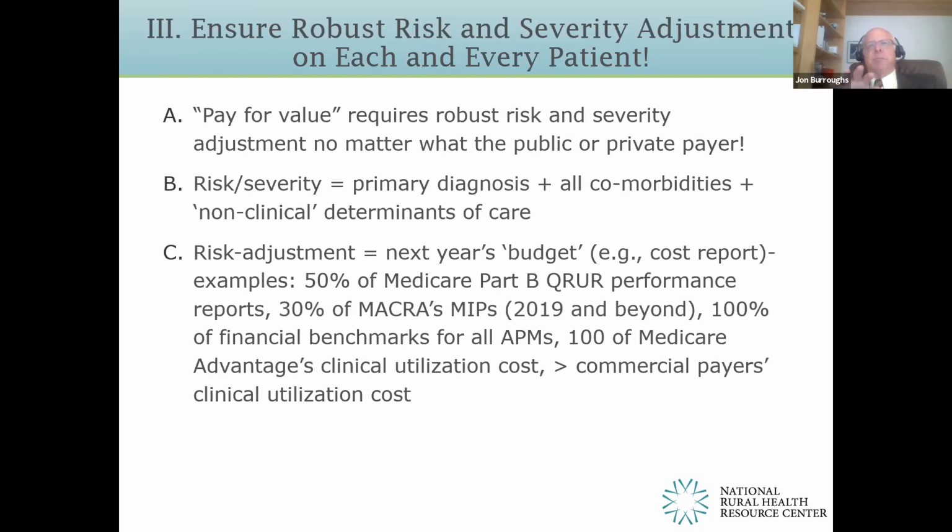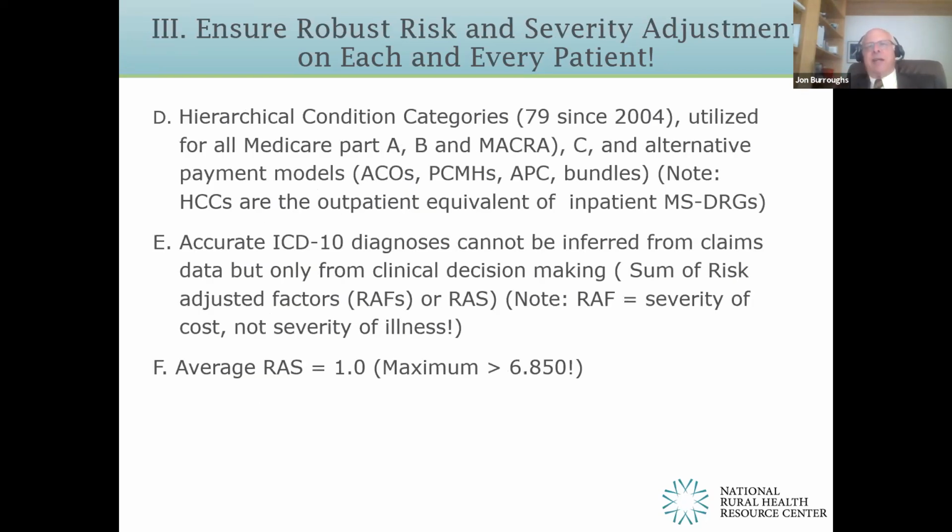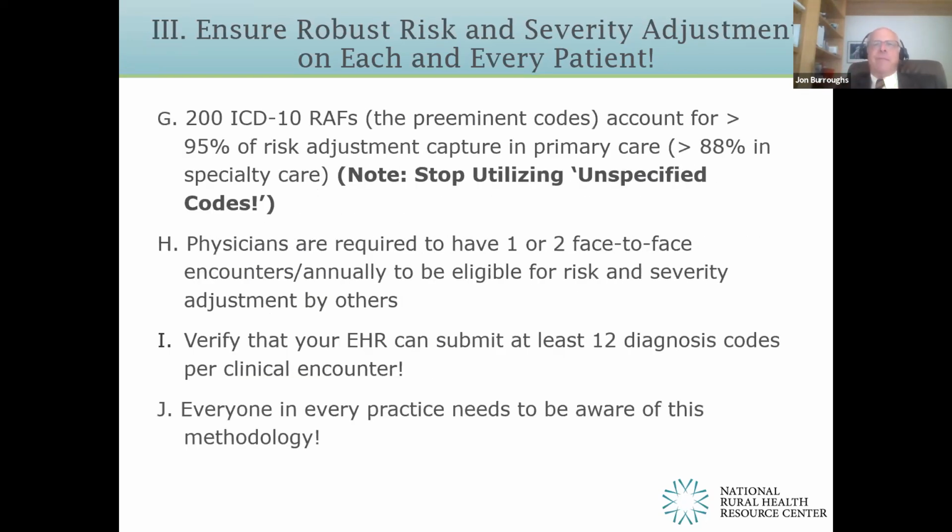Stop using unspecified codes. Nobody should come in just as a diabetic or just as a hypertensive. You're diabetic with neuropathy, you're diabetic insulin dependent, you're diabetic with kidney disease, you're diabetic with borderline liver function, et cetera, et cetera. Unspecified codes get paid 1/3 to 1/2 what a more advanced code gets, okay?